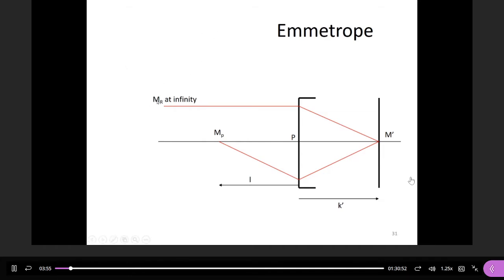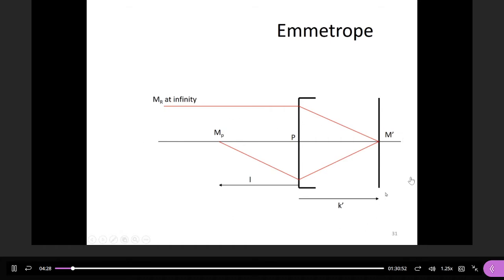Your far point, remember MR is the far point, is at infinity because this patient doesn't have any refractive error. So when the eye is totally relaxed without accommodation, the light will fall on the macula or the fovea. This is for distant vision.